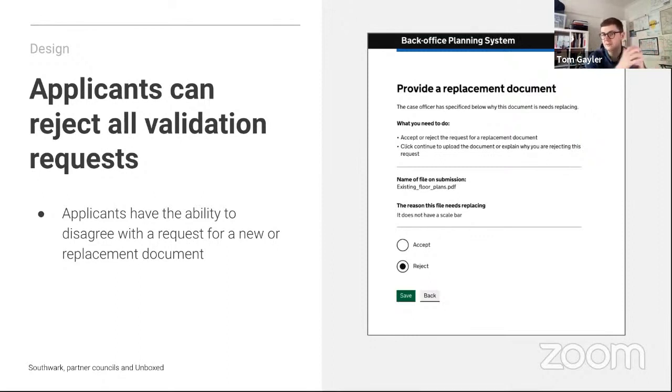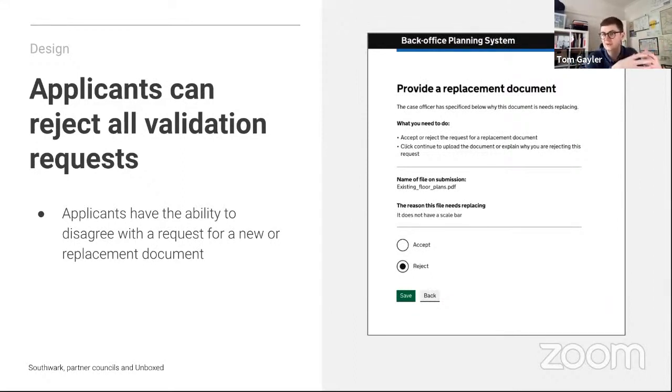We had a whole range of different validation requests looking at red line changes, incorrect fees, new or replacement documents. And some of these applicants could accept or reject. So they could say, yes, I agree with these proposed changes, or no, I want to reject them. However, for document requests, they were only given the opportunity to upload.